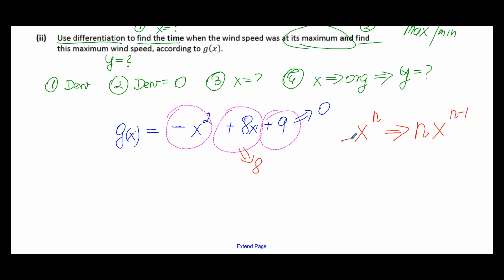What happens with the number if we have a number in front of x is it crosses over. Now our number that we have here is what? Minus 1 actually, isn't it? Then followed by that power 2, then followed by x, and we understand when we take 2 minus 1, we're going to have 1, the power of 1. And then the next part of that derivative is 8. And then we have 0. So there it is. We created the derivative, step 1 done.